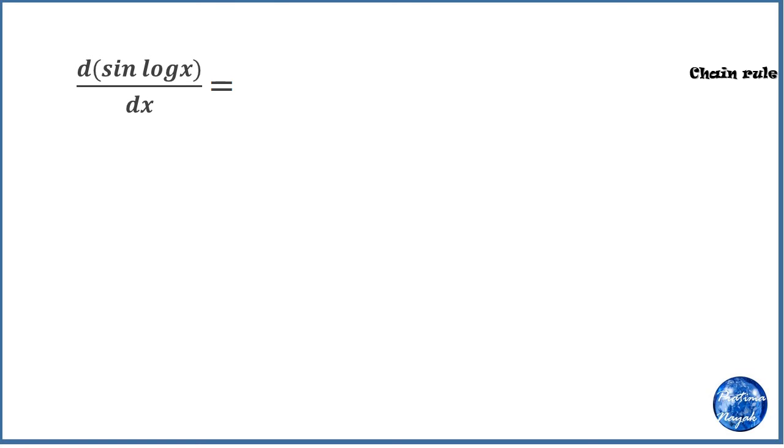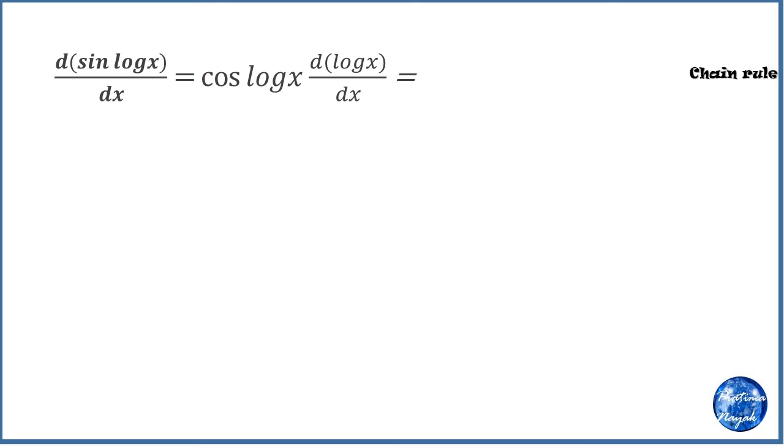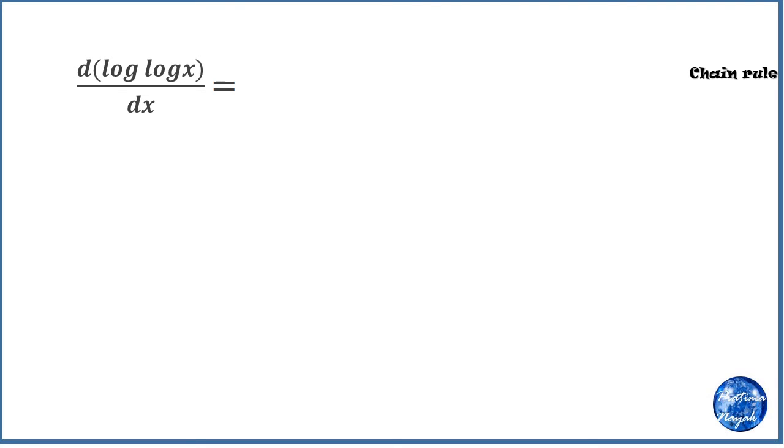If it is sin log x, then sin will be function fx and log x will be gx. So first we'll do fx, then sin function derivative is cos, so it will be cos log x into derivative of log x. Log x derivative is 1 by x, so cos log x by x.